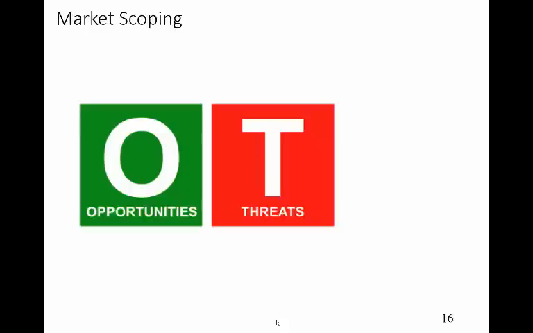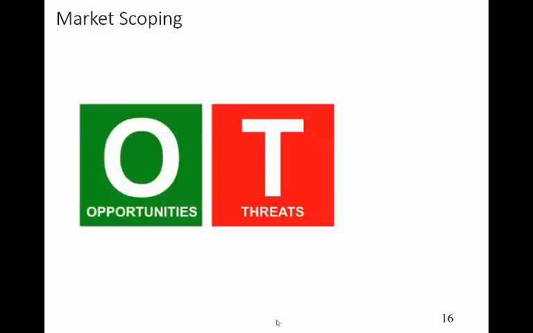So this is our information on market opportunities, and we talked about Ansoff's market opportunity matrix and the 4 general types of opportunities that can be identified from that. We talked about the strategic quadrants framework and those 4 options. And now we've talked about assessing market opportunity using sizing and scoping.